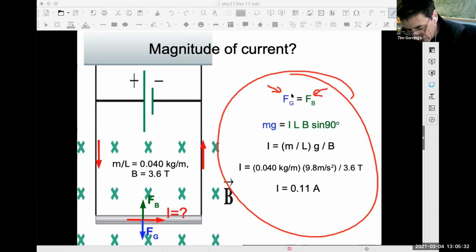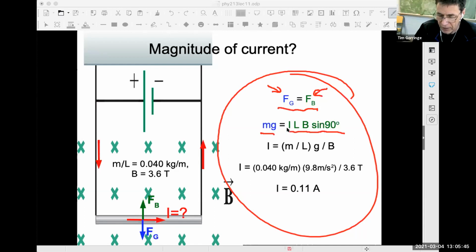Okay, so the condition for the floating wire is that the gravitational force is the same size as the magnetic force. I can fill in for the gravitational force just mg. We remember that from last semester. And I can now fill in the magnetic force due to the current flowing in the wire.